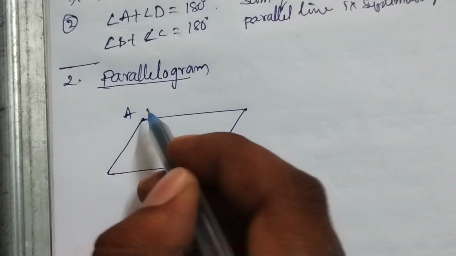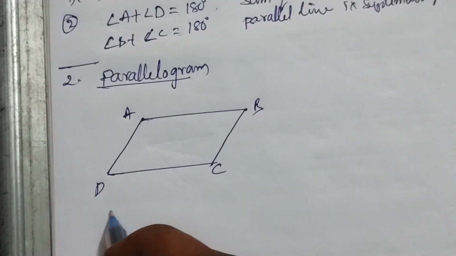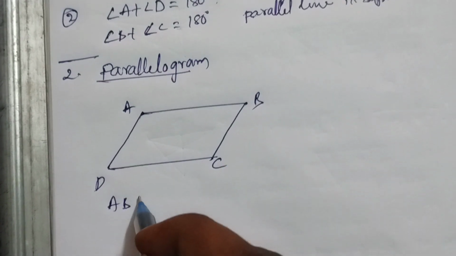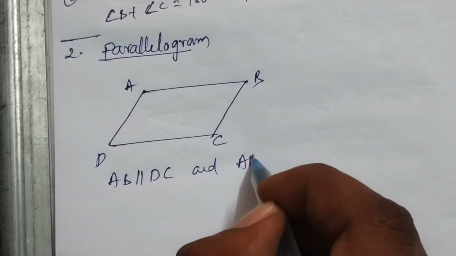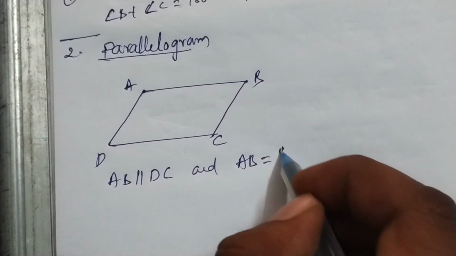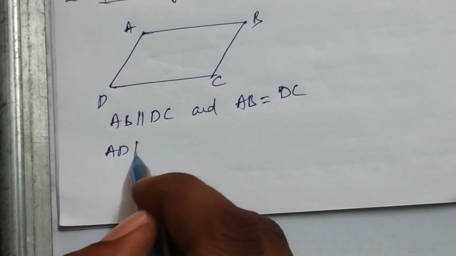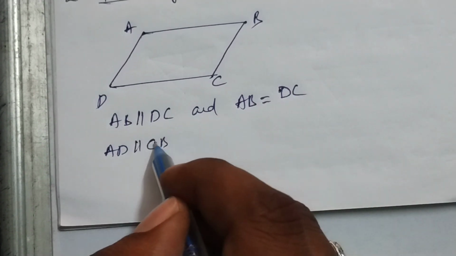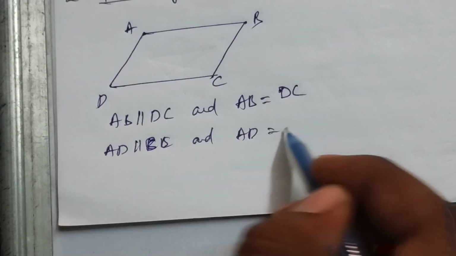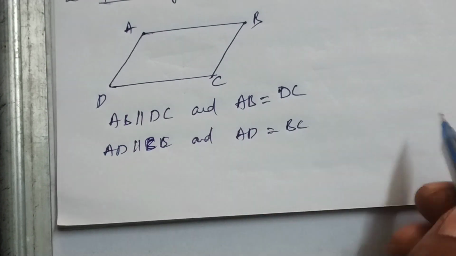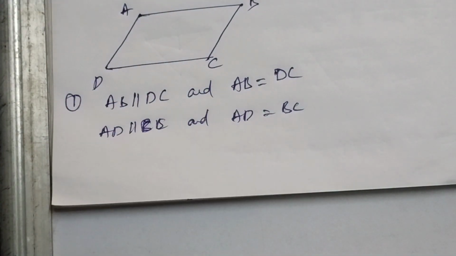ABCD: AB is parallel to DC and AB is equal to DC, and AD is parallel to BC and AD is equal to BC. This is the first property of the parallelogram.